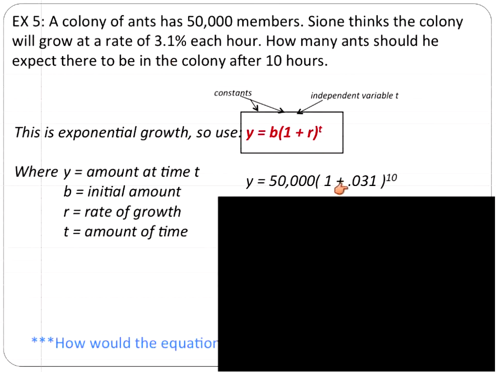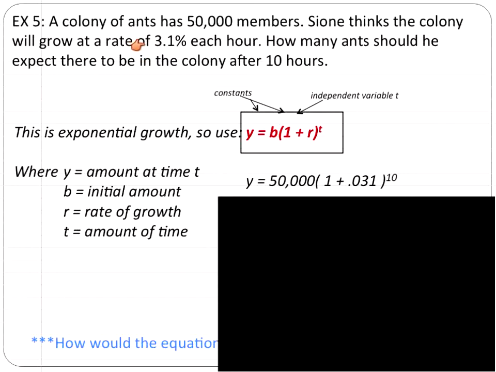Why do you guys think, even though it said 3.1%, down here they don't have that? Why do you think we do that? Any ideas? Okay. Because calculators cannot do percents. Can you believe that? They can't. So we have to change it into decimal form. How do I go from a percent to a decimal? I move my decimal place 2 spots to the left.